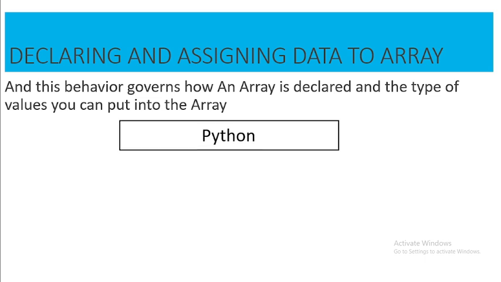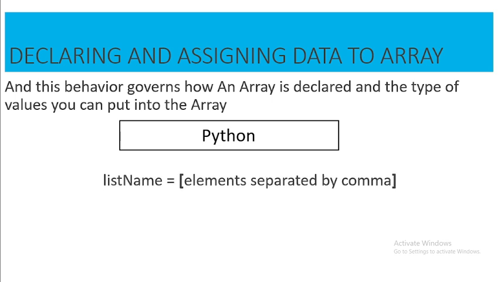For the Python programming language, we don't see a keyword there. Arrays in Python programming language are called lists. Then you write your list name instead of array name. Your list name equal square bracket, then elements separated by comma, then close square bracket.